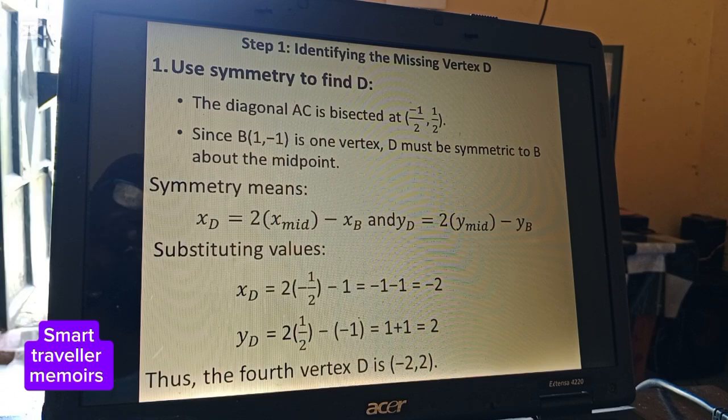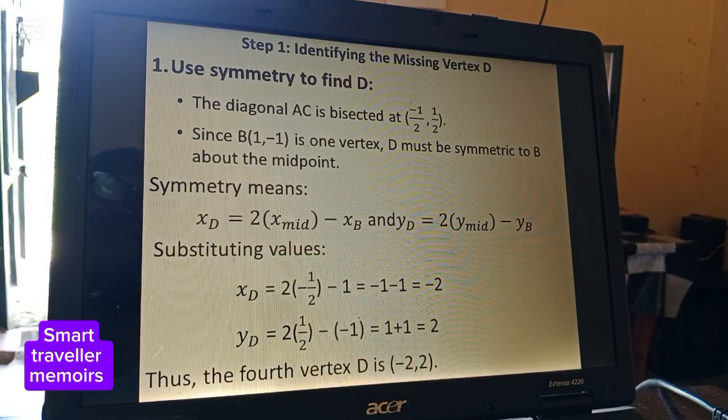The x coordinate of D is 2 times the x coordinate of the midpoint minus the x coordinate of B. And the y coordinate of D is equal to 2 times the y coordinate of the midpoint minus the y coordinate of B.